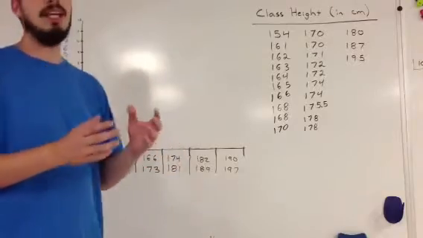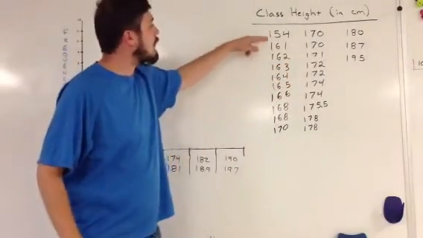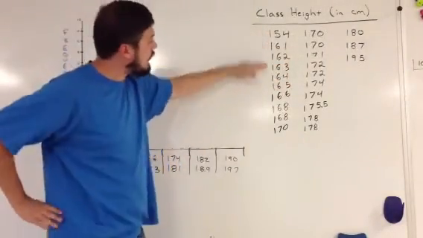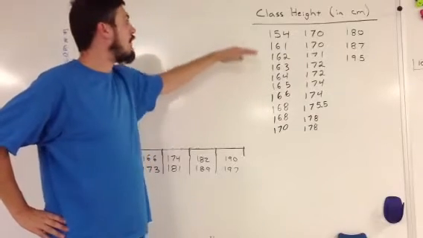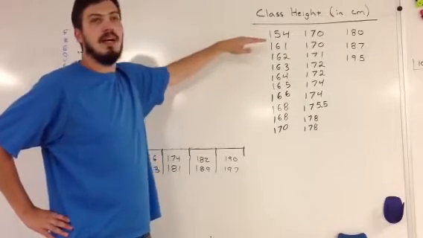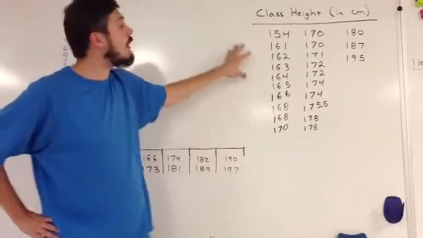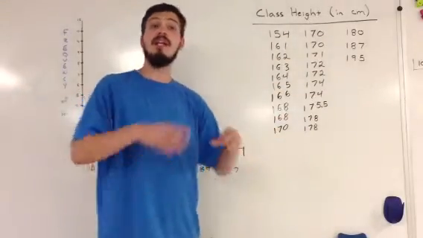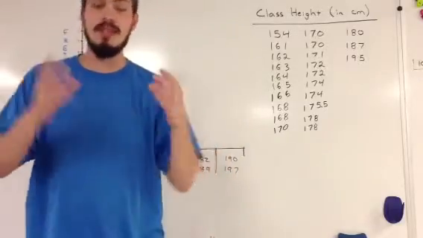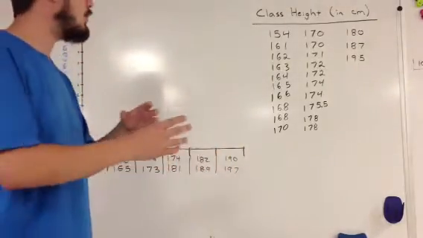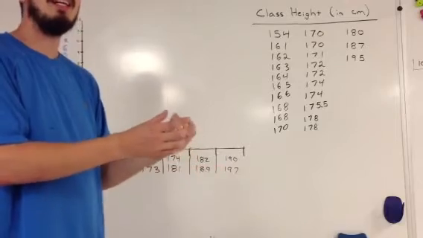A bar graph will take a set of data, and every single data point will be a different bar. You'll have a bar that's 154 high, a bar that's 161 high, and so on. So in this data set, you will have 23 different bars. Now, you can arrange those bars to give you a nice shape and an accurate picture of your data.